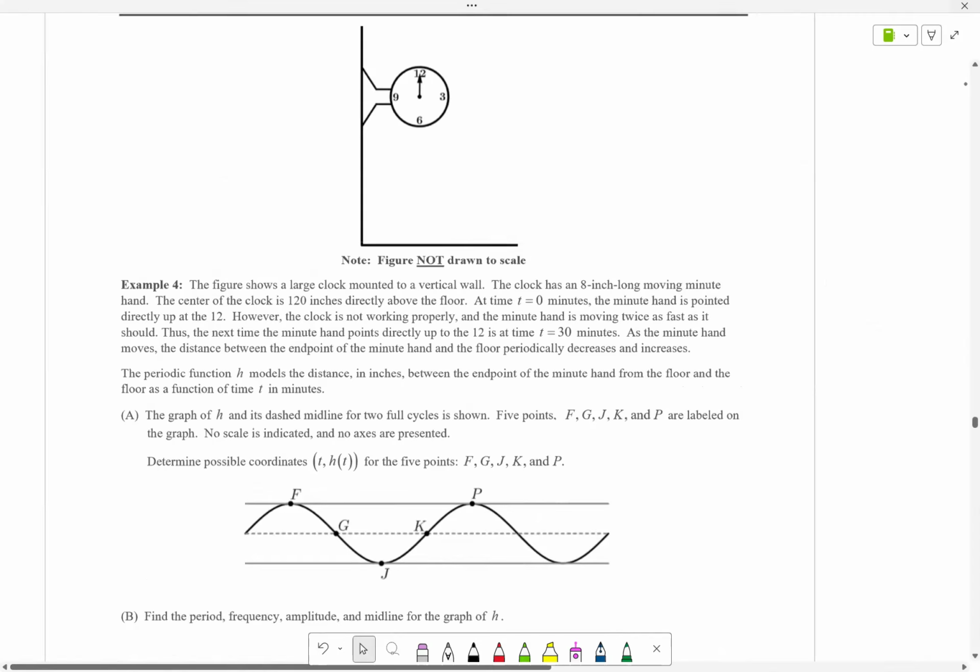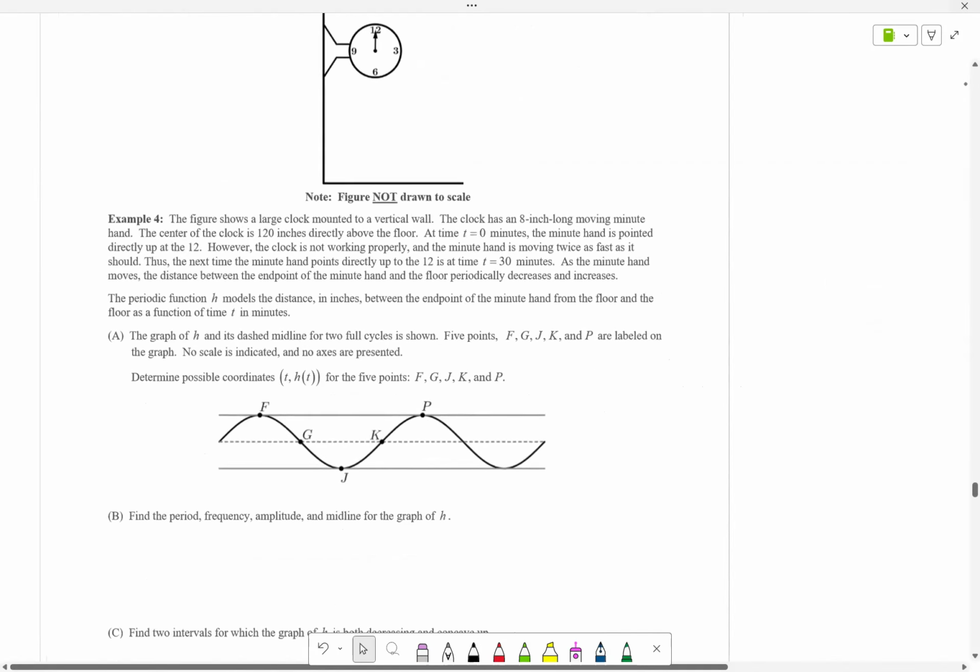Okay. Hey, example 4 looks similar. Oh, I like it. You're gonna love it now. Take a moment to read through it, but different questions, the same problem.